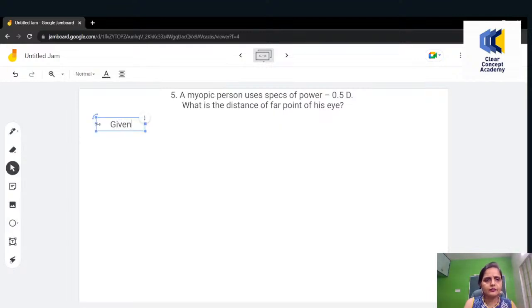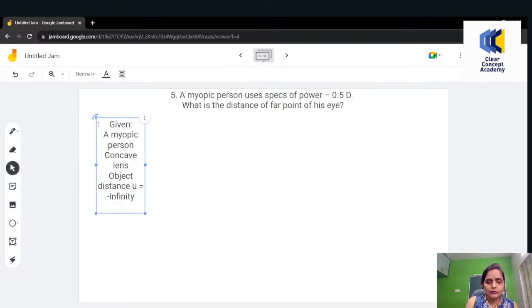Given a myopic person. What kind of lens is used? It is the concave lens. If it is the concave lens, the focal length has to be negative, therefore power has to be negative, as we can see here. So the object distance u is equal to minus infinity.